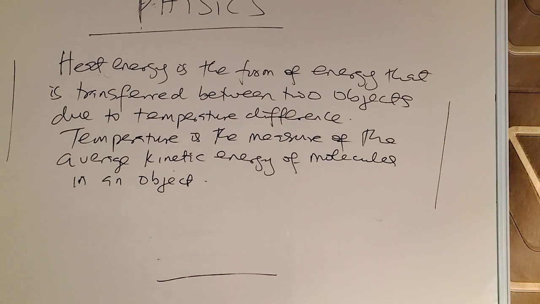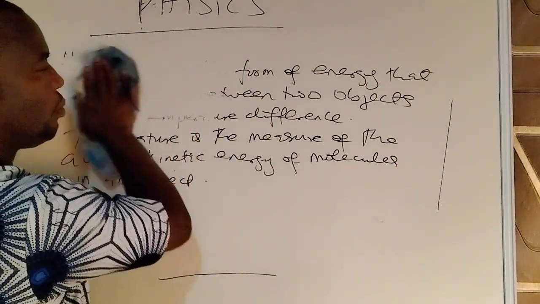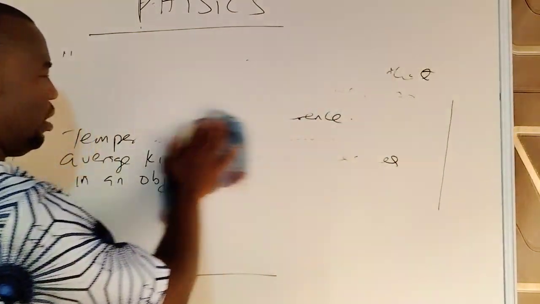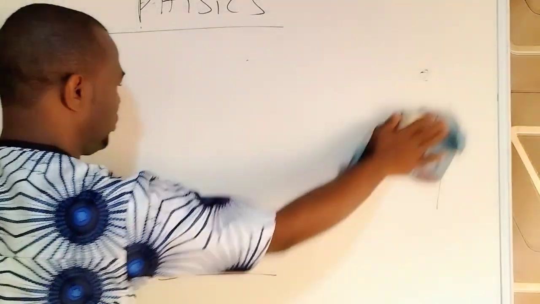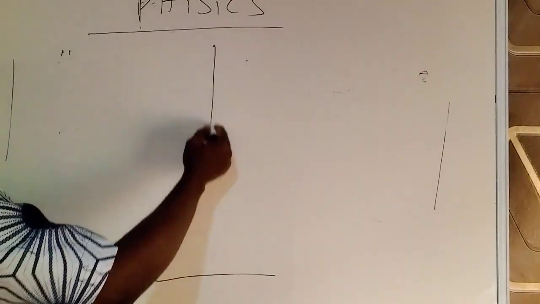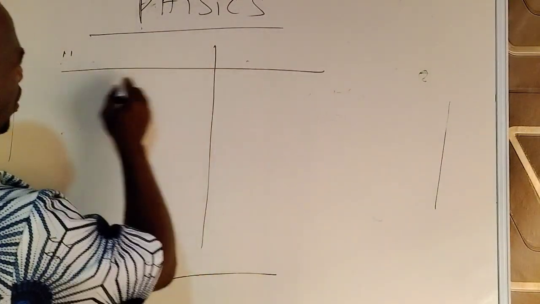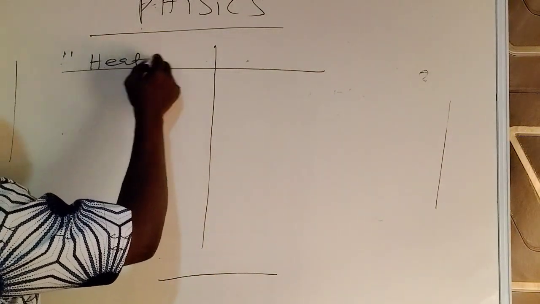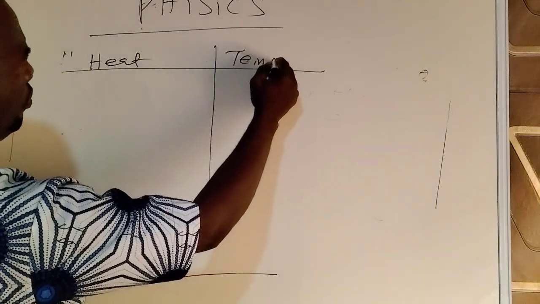We can summarize the difference between heat and temperature using a table. Let's look at the difference between heat and temperature. So draw a table, heat, and then temperature.